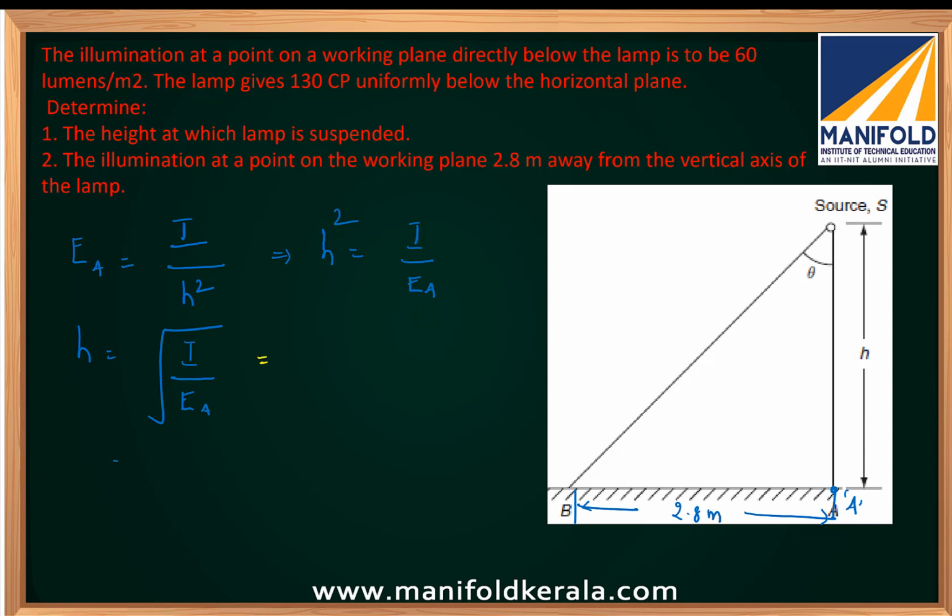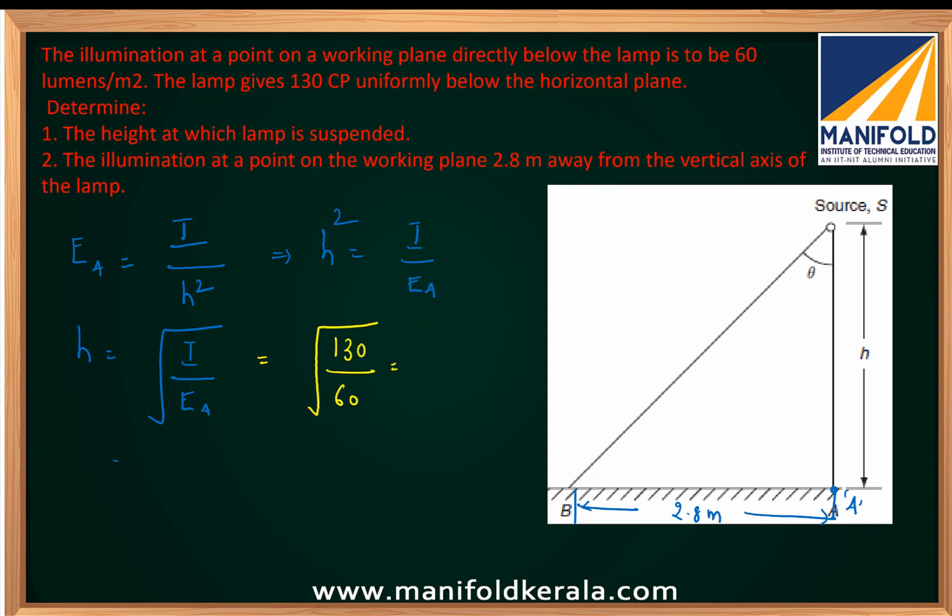Okay. So what is the luminous intensity at a point directly below the lamp? It is 60 lumen per meter square, and the luminous intensity of the candle is 130. So 130 divided by 60 under root.